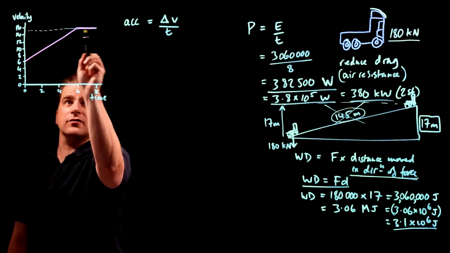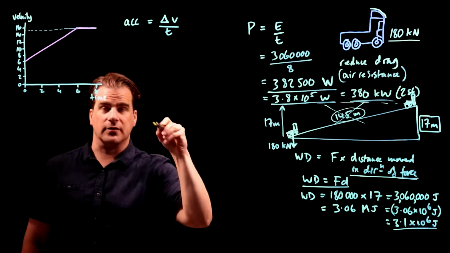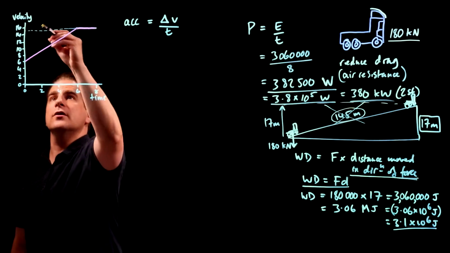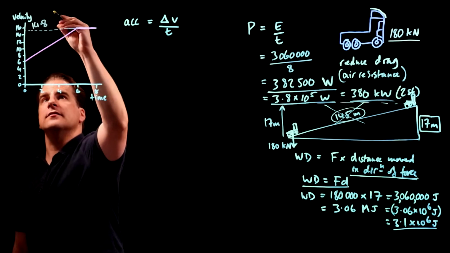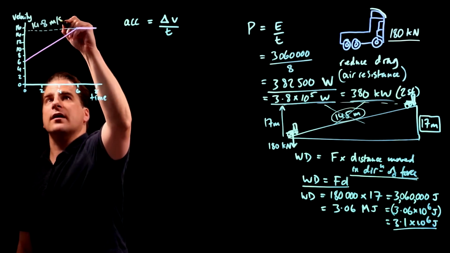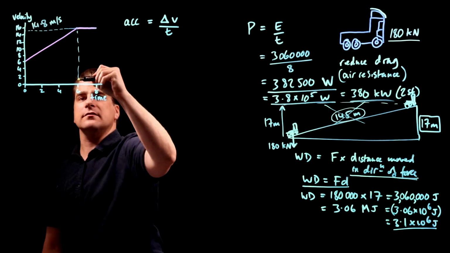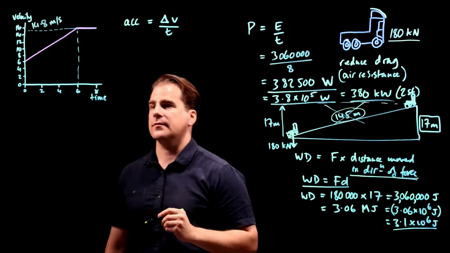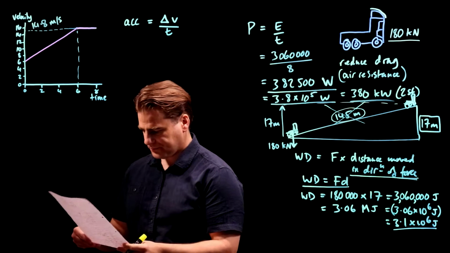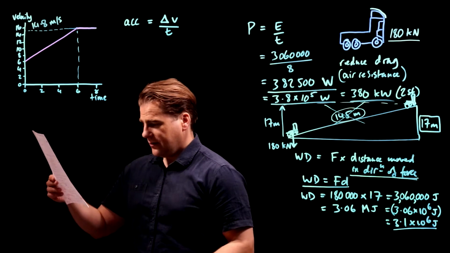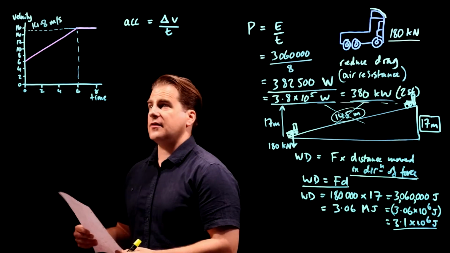That's the velocity that it finishes at and moves at constant velocity for 2 seconds, at 14.8 meters per second. And it starts doing that at 6 seconds. All right, so what do we have to do again? Calculate the acceleration of the lorry during the first 6 seconds.